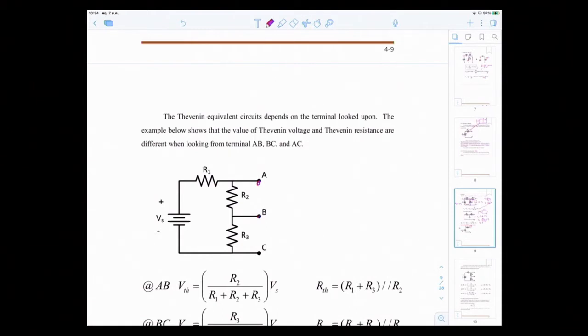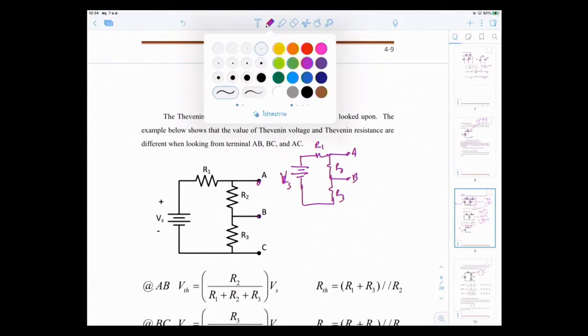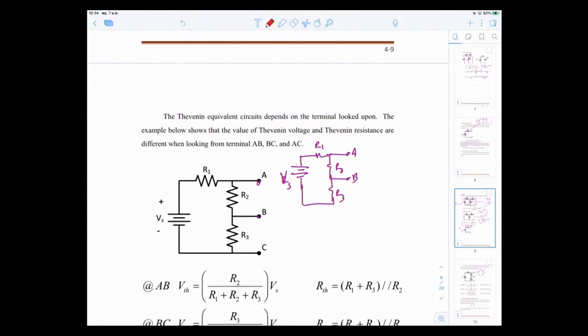Let's say I'm going to do the first one. R1, R2, A, B, R3. So this is your circuit, with Vs. To find VTH, current flows through R1, through R2, through R3.